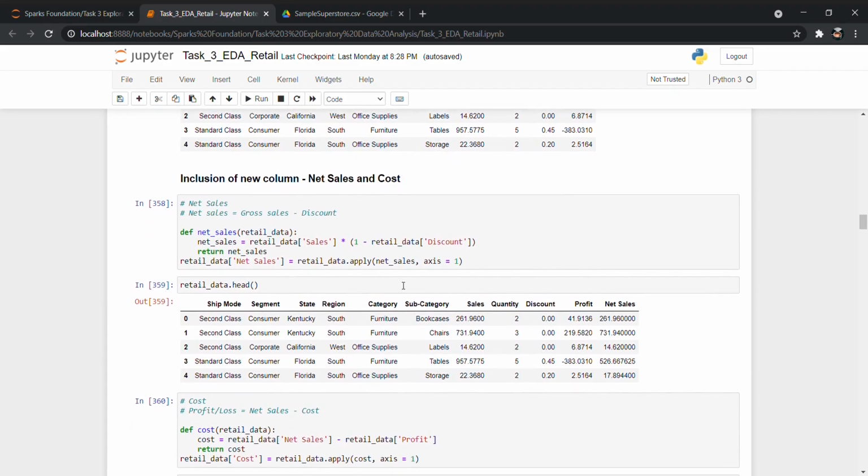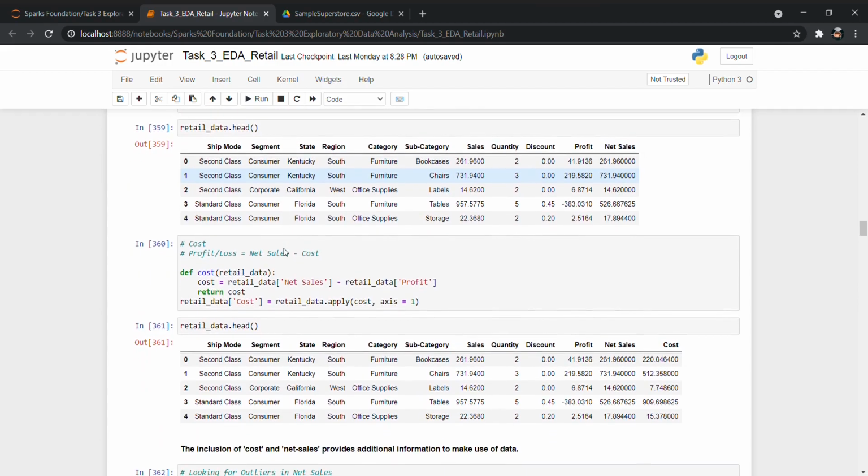I have further included 2 additional columns, those are net sales and cost. I have assumed the sales given in our data as gross sales, from which I have deducted the discount and obtained net sales. And for cost, I have deducted profit or loss from that particular respective net sales.